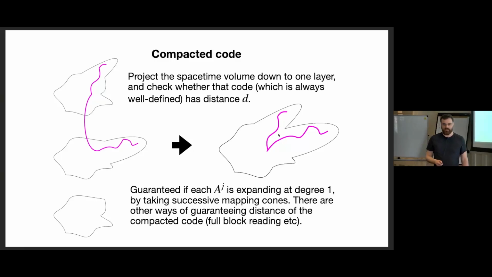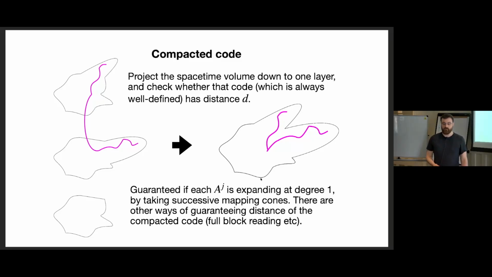The second thing is how easy is it to show that the compacted code has sufficient distance. And essentially, I kind of hinted earlier that there was another problem with doing this kind of ad hoc construction of ancilla systems where they're not actually expanding, but they preserve the code distance.